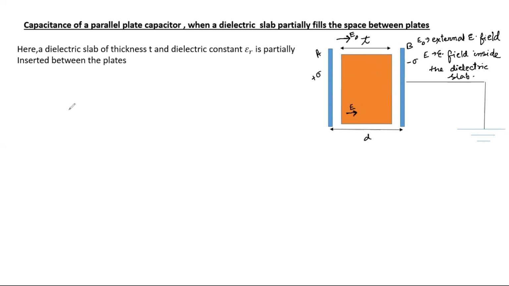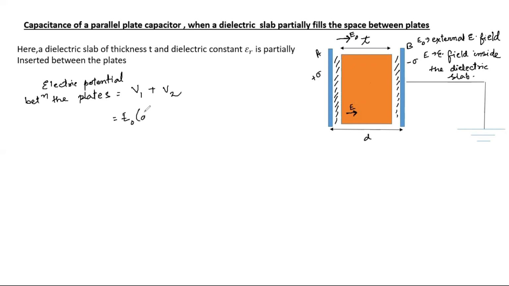So the electric potential between the plates: since we have two different electric fields, we will have two different potentials, V1 plus V2. V1 is due to E naught, which is experienced in the empty space, and that empty space is nothing but d minus t.